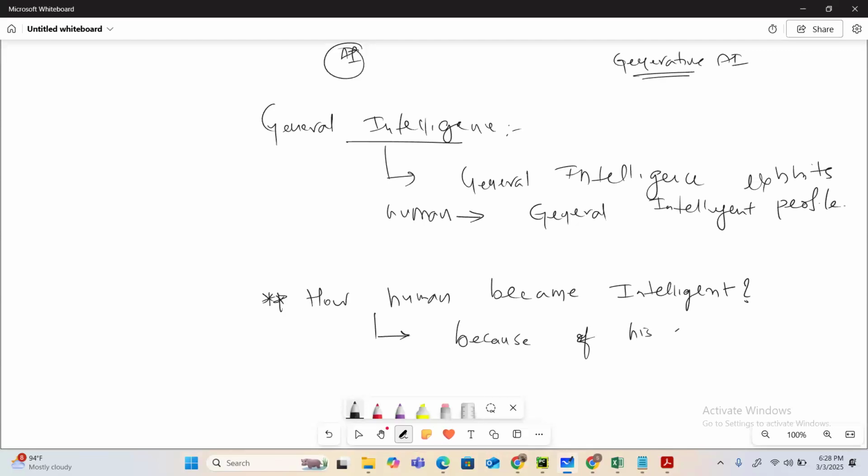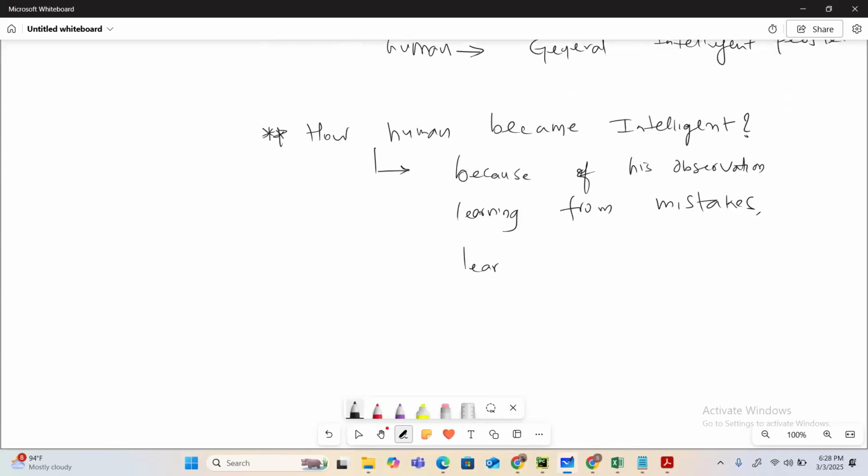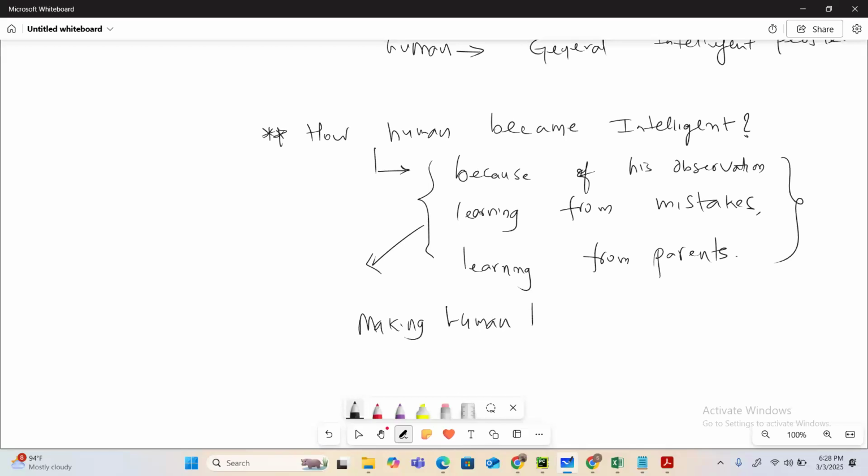Because of observations, learning from mistakes, learning from parents, these all are components making humans intelligent in nature.